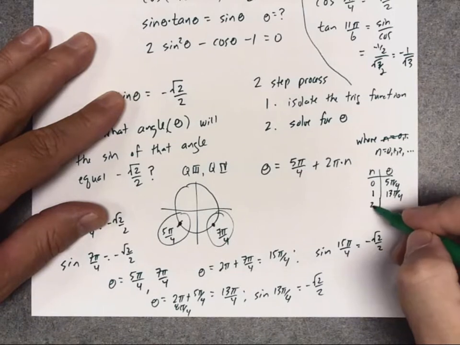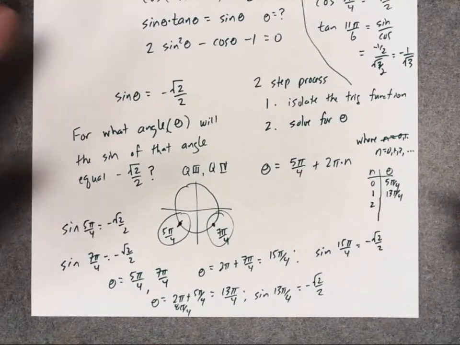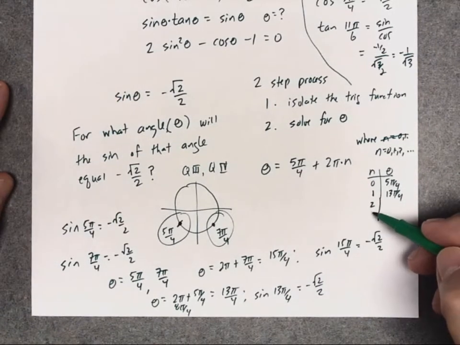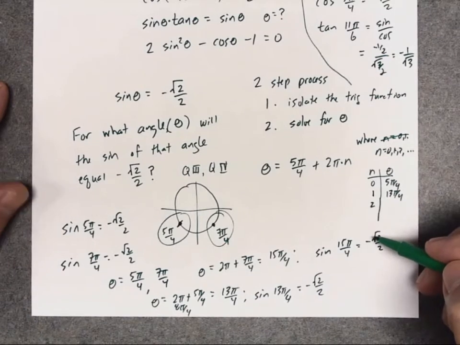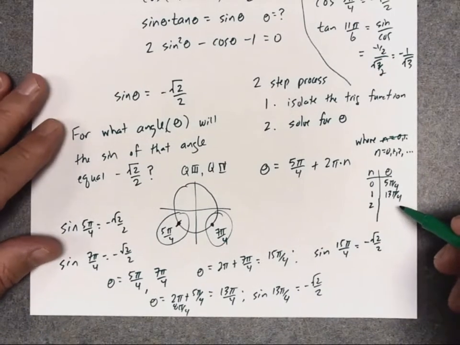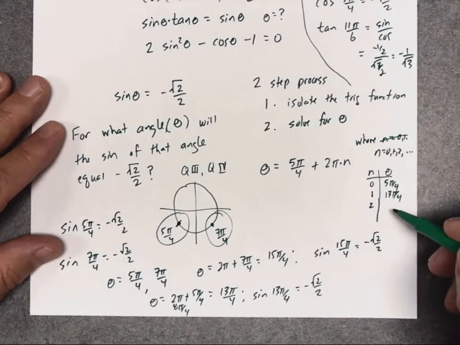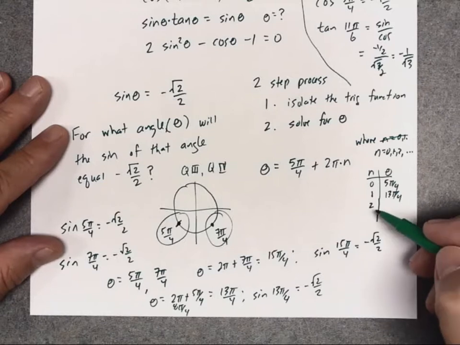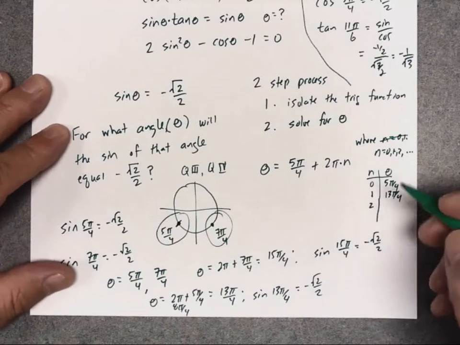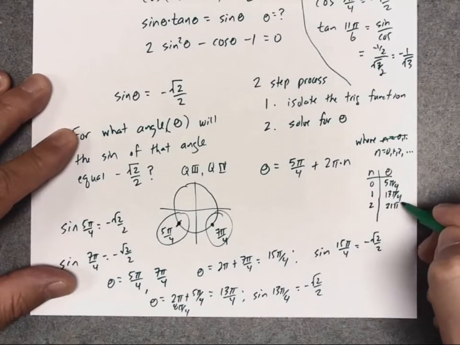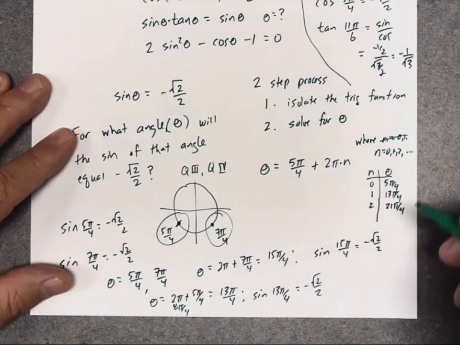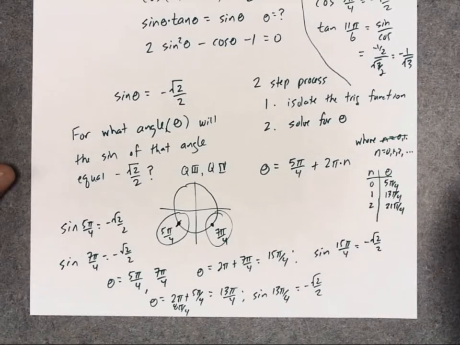And then I could keep going forever, where I just keep bumping up my n, and I create a new angle here, but the sine of the angle is still going to be negative square root of 2 over 2. So if I put n equals 2, I think it's like 21 pi over 4. You know, the sine of 21 pi over 4 is the negative square root of 2 over 2.